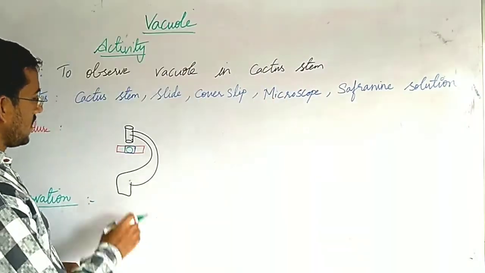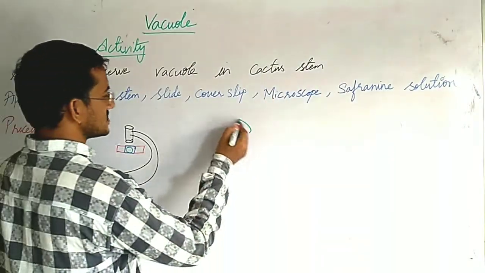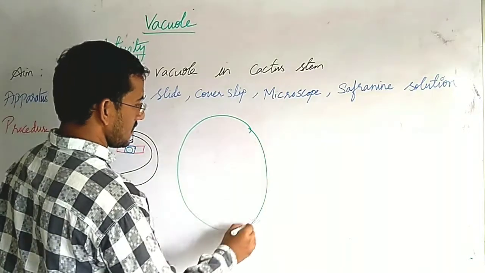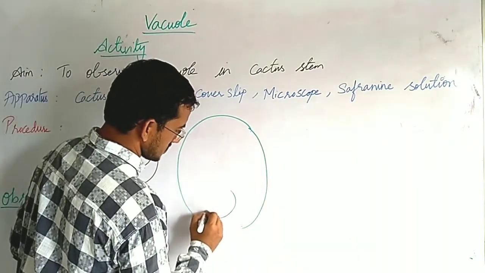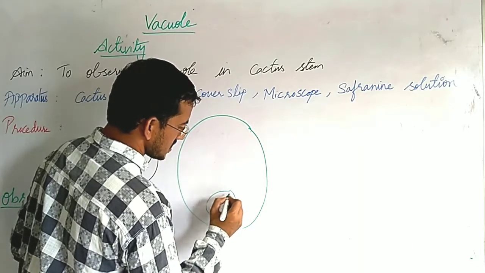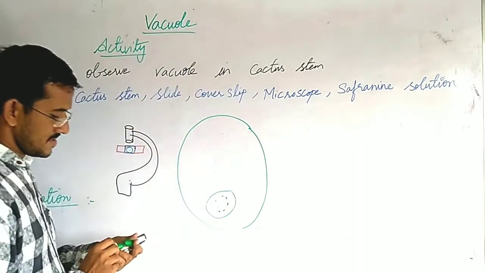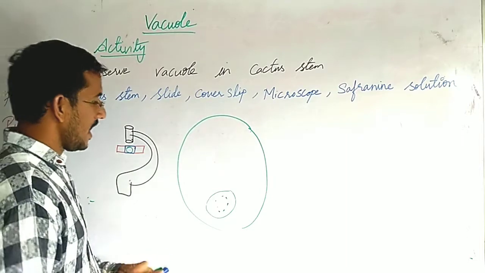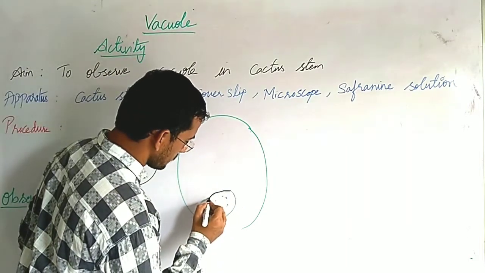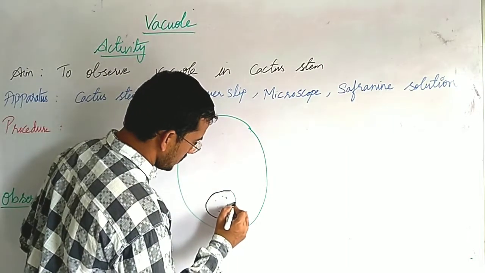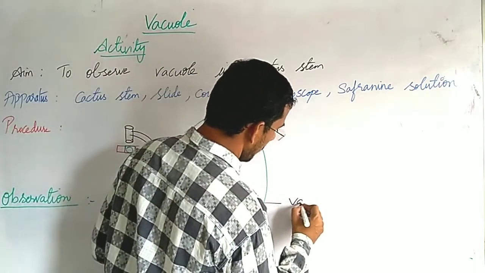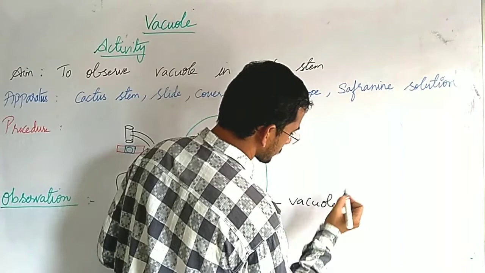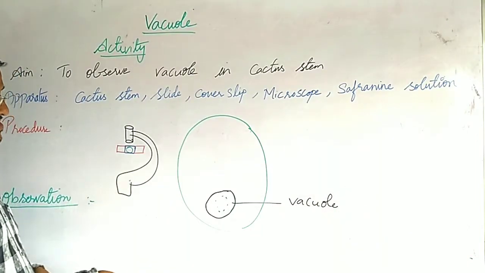What do you observe? We observe that in a cell, some empty spaces are present, and these empty spaces are filled with fluid and covered with the membrane. They are covered with the membrane, and those structures are called vacuole.